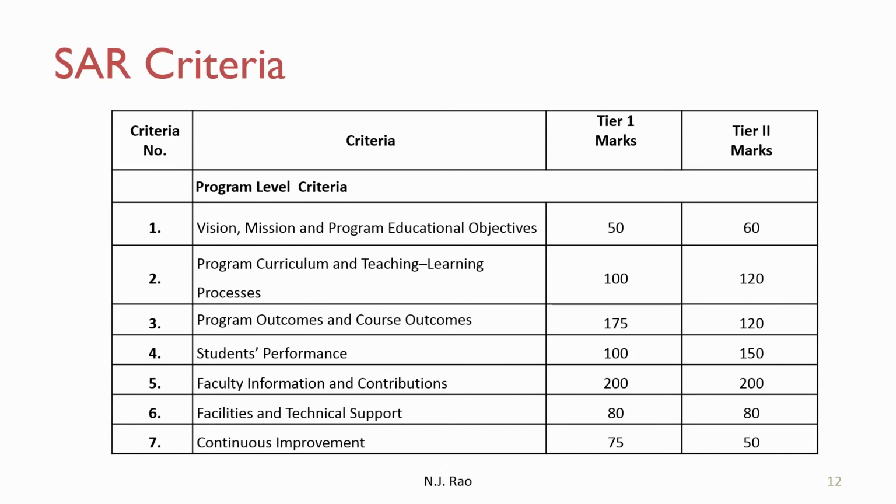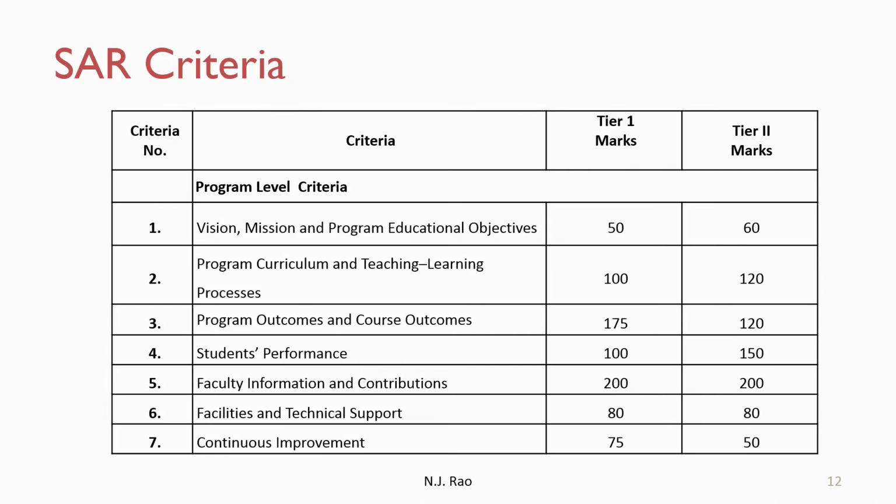So to that extent tier 1 and tier 2 institutions are somewhat different, and to that extent the marks that are allocated to different criteria are different. But the criteria remain the same for both. Vision, mission and program educational objectives: tier 1 carries 50 marks and tier 2 carries 60 marks.